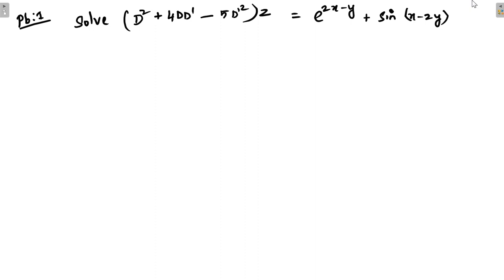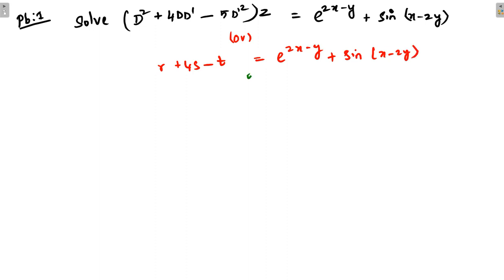Solve the differential equation (D square plus 4 D D dash minus 5 D dash square) z equal to e power 2x minus y plus sine(x minus 2y). Sometimes they will ask like this, or r plus 4s minus 5t equal to e power 2x minus y plus sine(x minus 2y).